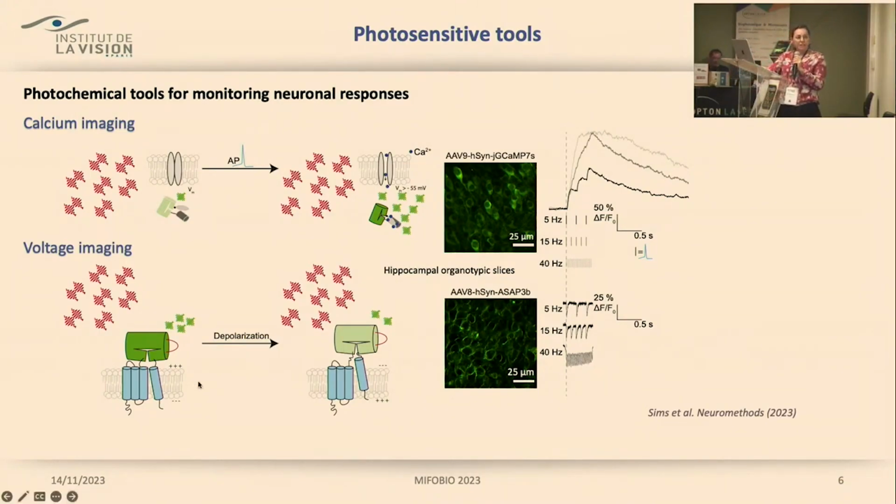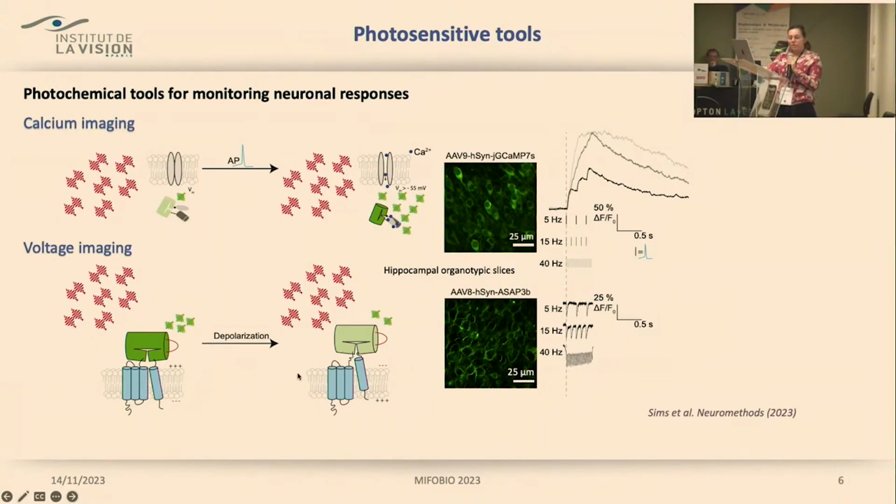And this is a more direct way to record neuronal activity because the GFP is tagged directly to the voltage-sensitive domain, or the chromophore that's used is directly tagged to the voltage-sensitive domain at the cell membrane.